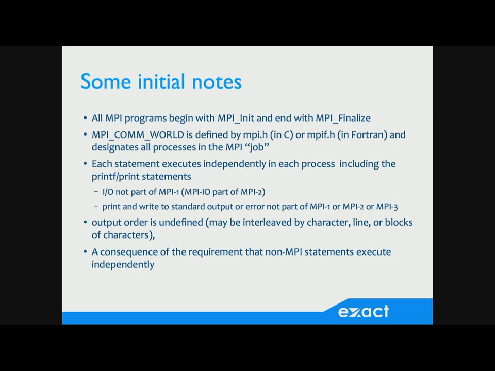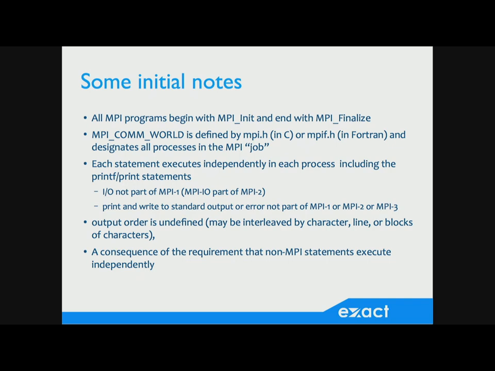Another important point is this: each statement executes independently in each process. So you have a program that is compiled and is executed 4 times on 4 different processors as independent processes. And also the printf and print statements are completely independent.